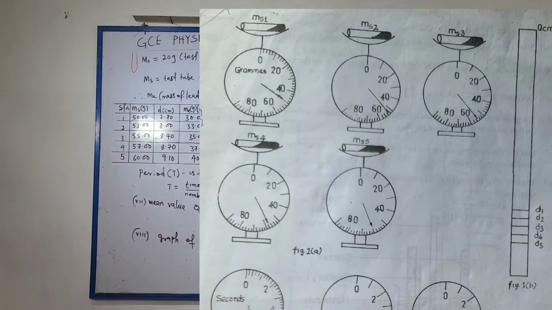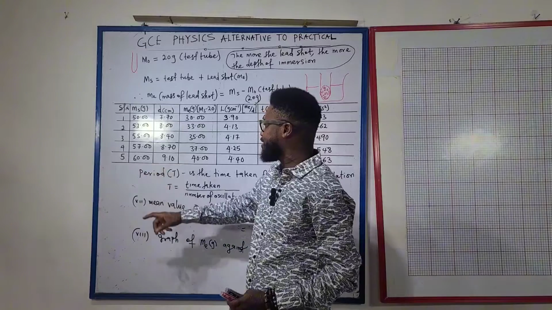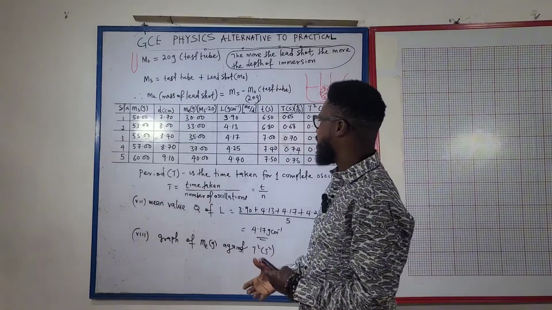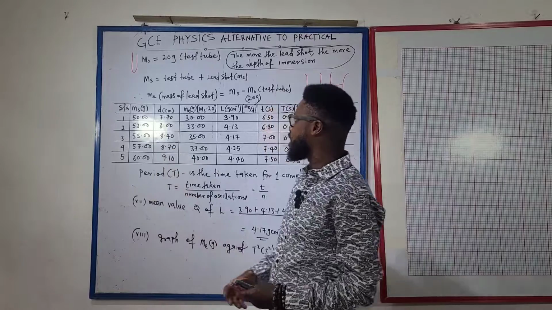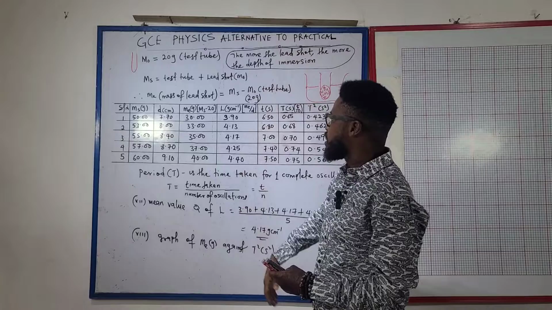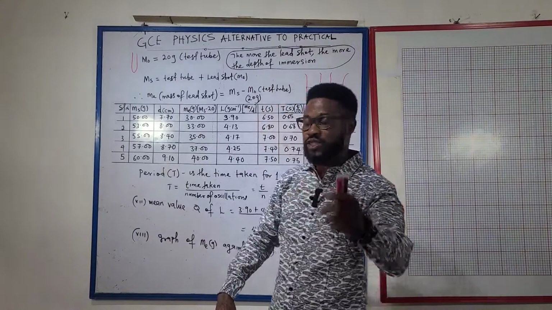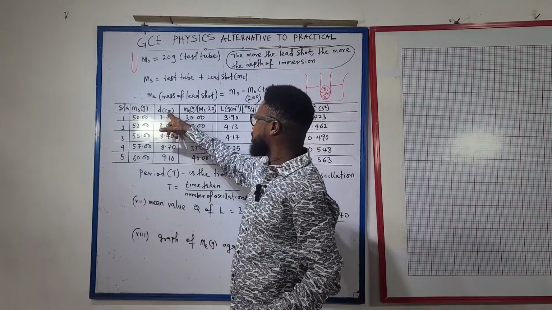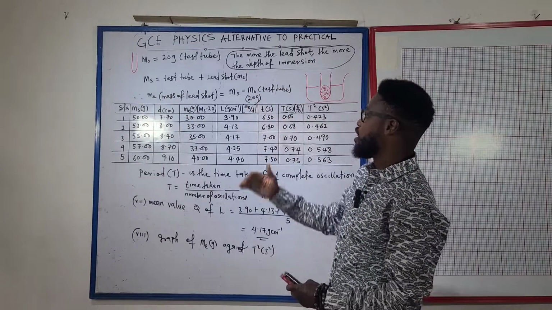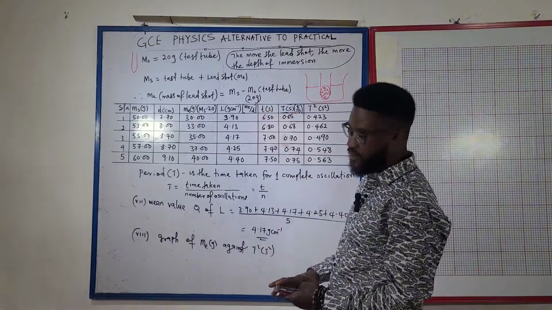And when the mass of the whole setup is at 60 gram, the depth had even gone further to 9.10. So which tells us that the more the lead shot, the more the depth of immersion. So we've been able to record that. Also take note of your unit. This is in centimeter, this is in gram, and that covers for the whole reading from 1 to 5.